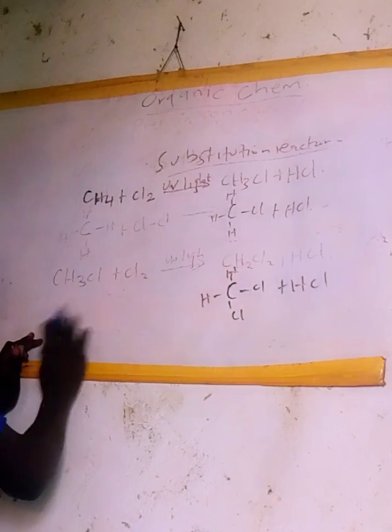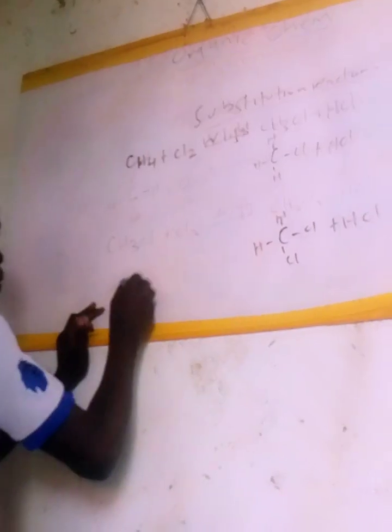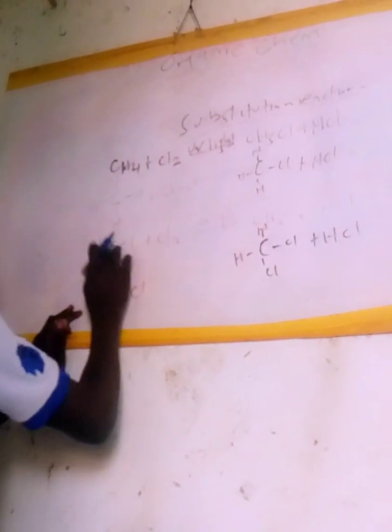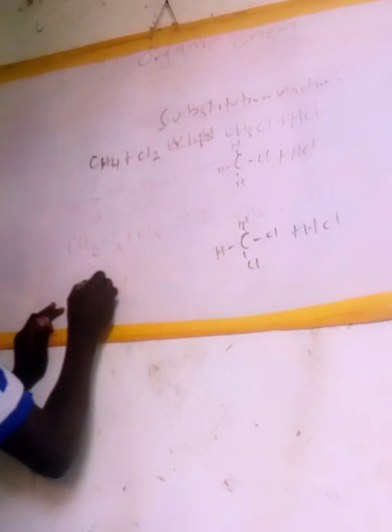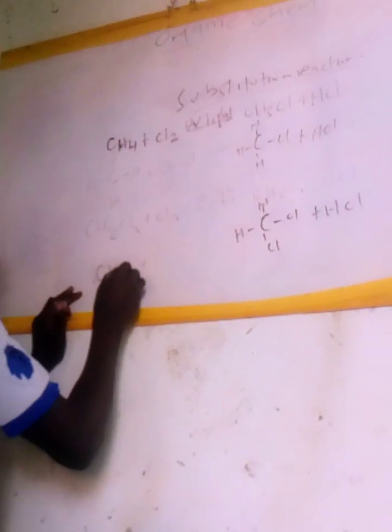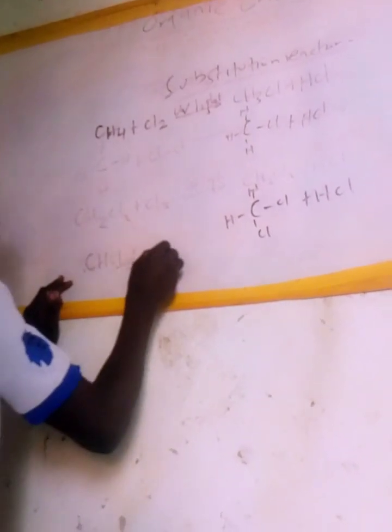The same dichloromethane: CH2Cl2, then plus Cl2.